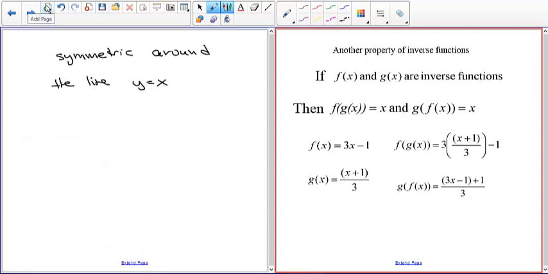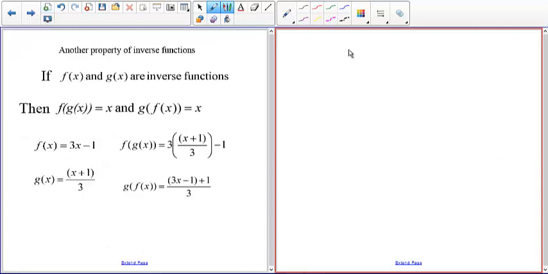We're going to do it developing using lines, but it's more important for things like the natural log. So one example would be the natural log of e to the x equals x, or e to the natural log of x equals x. So this is a composite function, f of g of x and g of f of x.